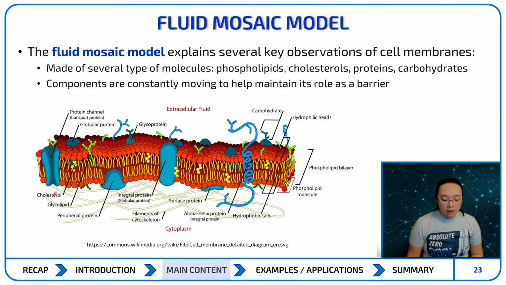Most importantly, in terms of the cytoplasm side of things, there is usually an extracellular matrix that's represented here that helps keep it stable. So that is usually some sort of cytoskeleton that prevents it from moving too much, or else it could literally just go anywhere.